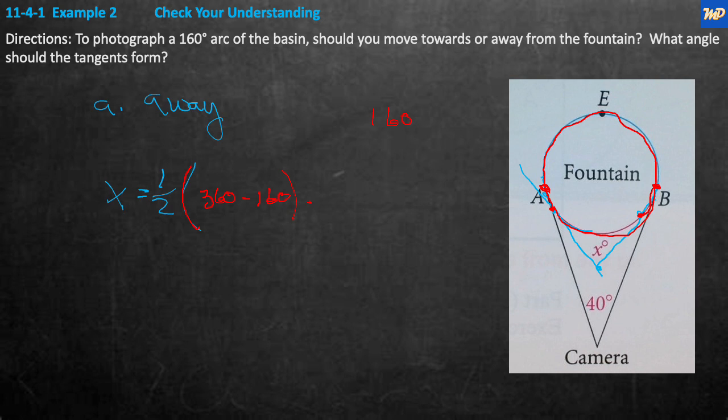That's the outer EB part. And now we have to subtract the X, the AB part, minus another 160.